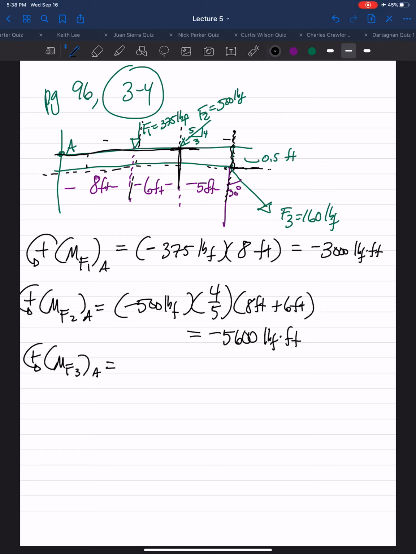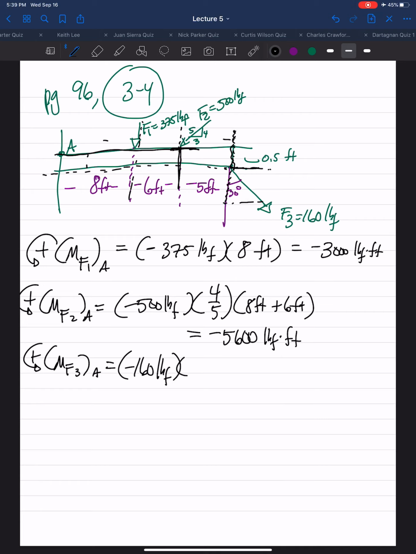So F3 is still applied in a downward direction. So it's still causing the body to want to rotate clockwise, which is negative. So we can't forget that. So in the downward direction, and it gave us the angle here of 30 degrees. So say 160 pound force. Now we want the vertical leg.